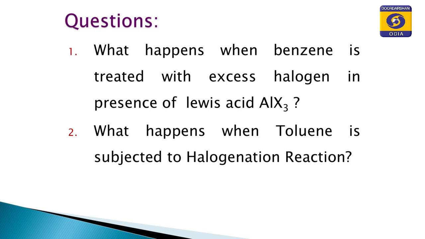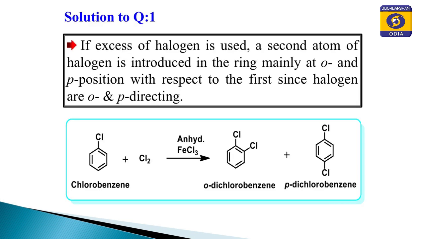Now, you see that if excess halogen is used, the second atom of halogen is introduced in the ring, mainly at the ortho position as well as the para position. Why? Because the resonating structure of chlorobenzene indicates that the ortho and para positions have more electron density than the meta positions.